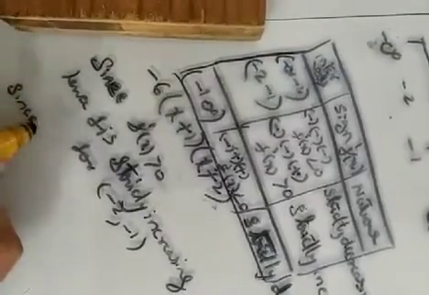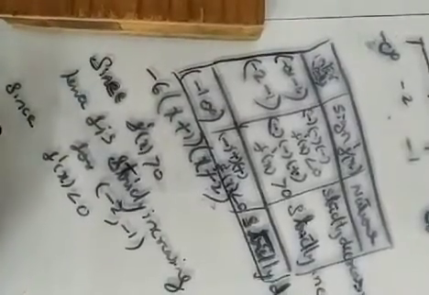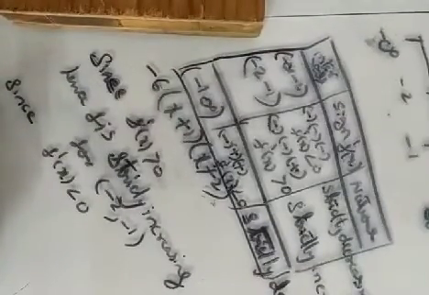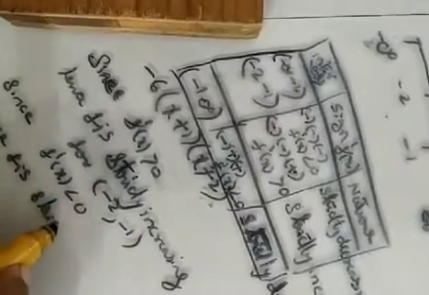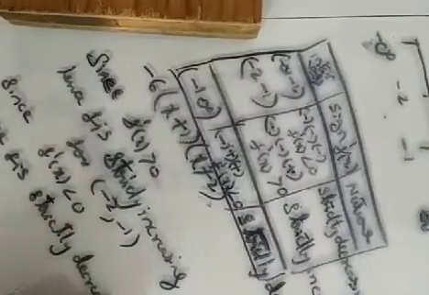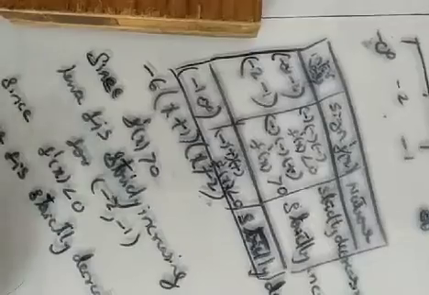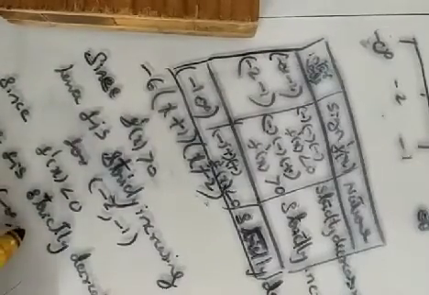Next, since f dash of x is less than 0, hence f is strictly decreasing for the interval minus infinity to minus 2 union minus 1 to infinity. These are the intervals. Is it clear? I hope you have understood it.